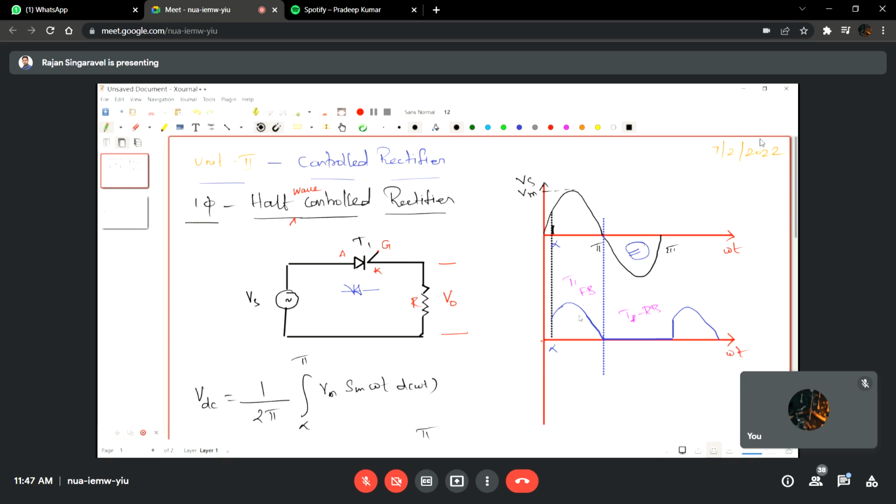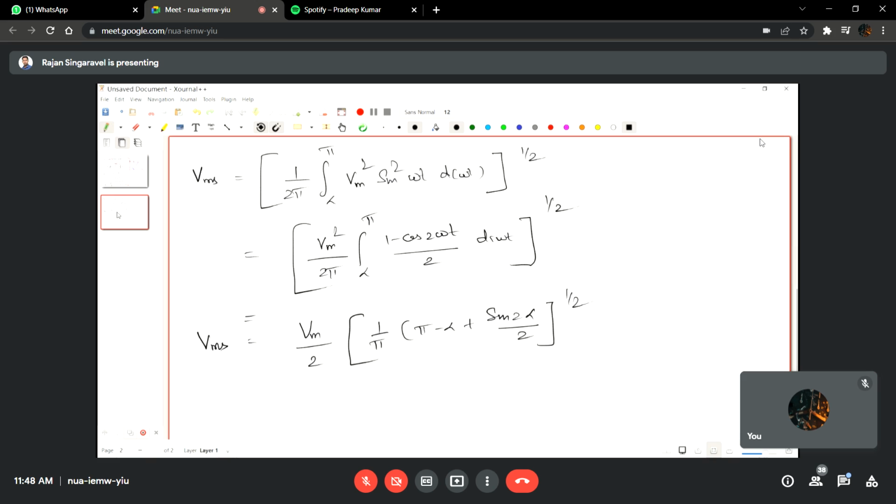But when you have a modified wave, or if it is not a pure DC, or if it is not a symmetric sinusoidal wave, then we will have a different average value and a different RMS value. That's why we have both average DC output voltage as well as RMS output voltage. Both are really different here. That we should understand from this.